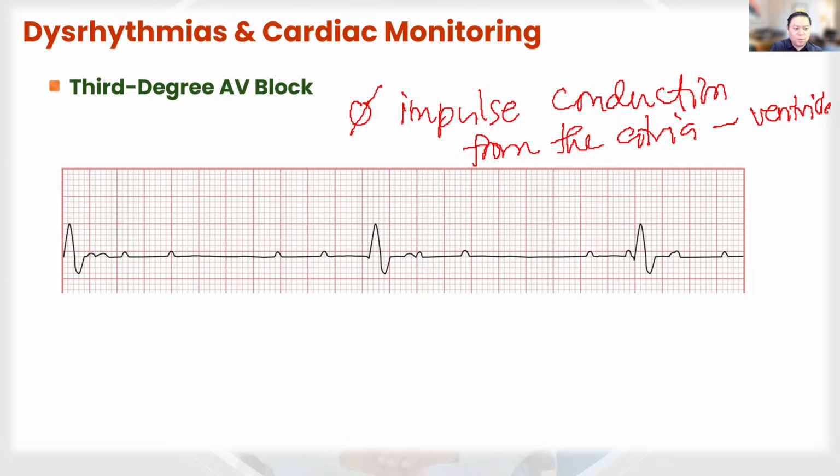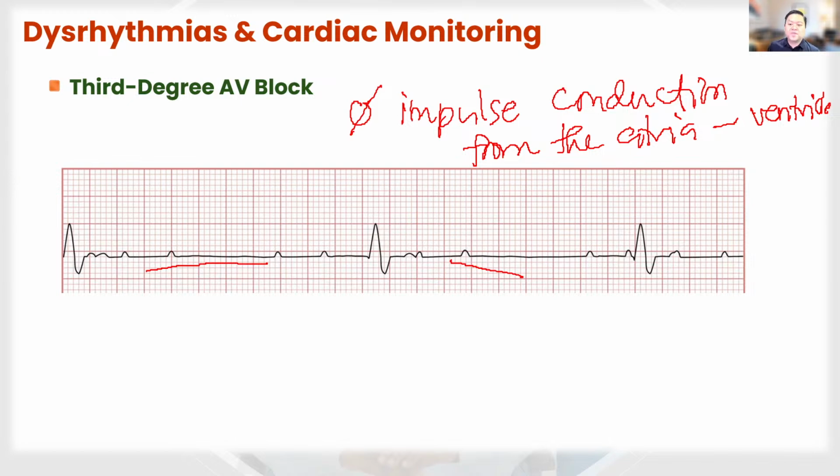Take a look at that one. That's third-degree heart block. So here you will see that there is what we call the ventricular rhythm, or the junctional escape, or the ventricular escape.